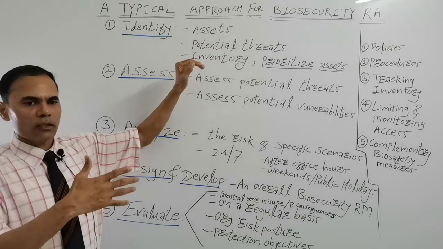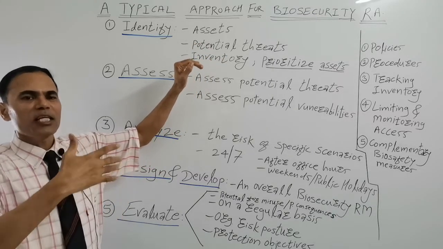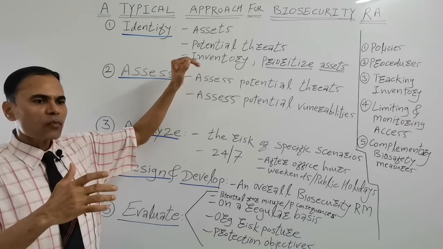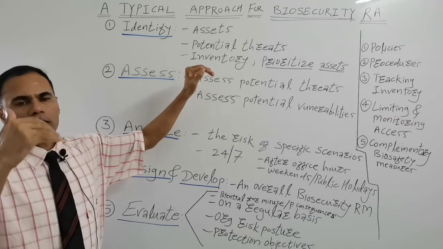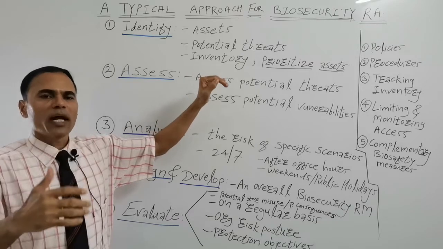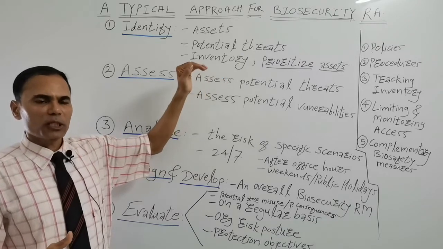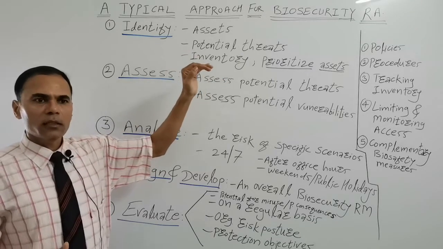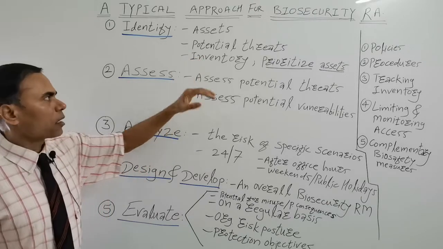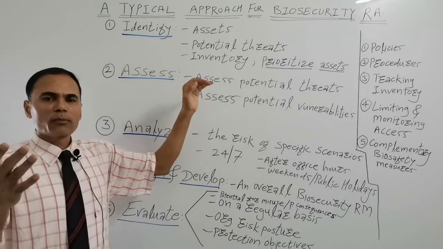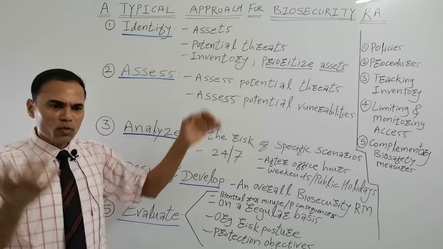So these assets can be anything which could be a target of a person who has bad intention. That person can target these assets and can misuse them. I think a popular example is anthrax.